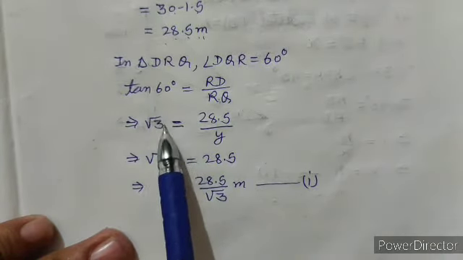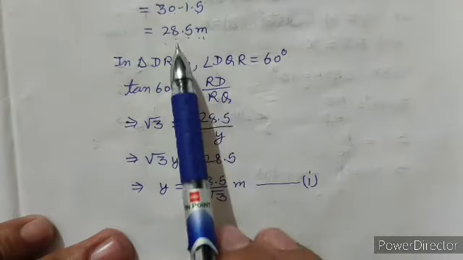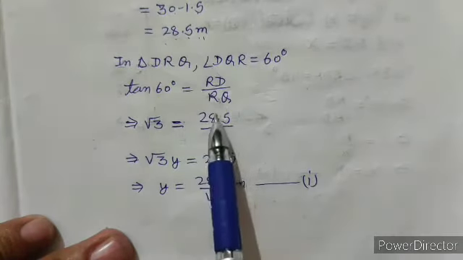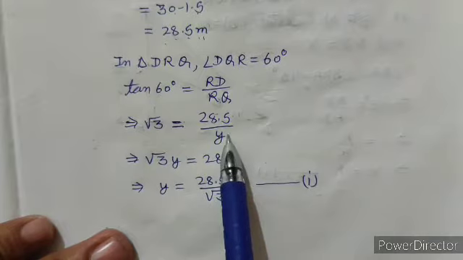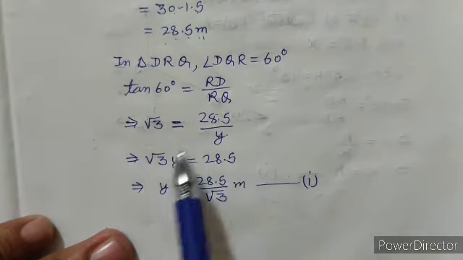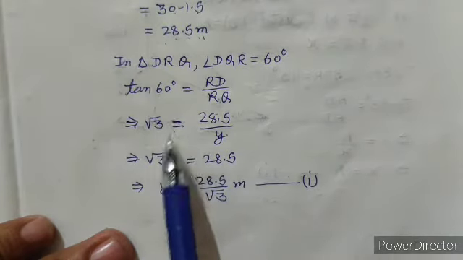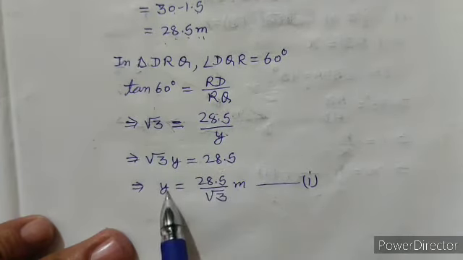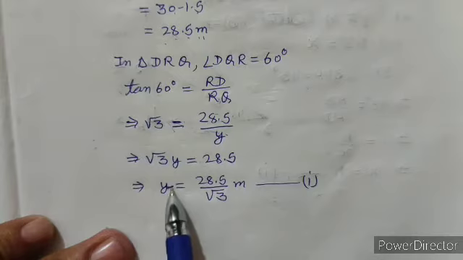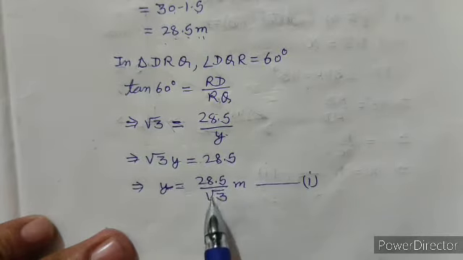So that will give us root 3 equal to 28.5 upon Y, as we have taken RQ as Y. On cross multiplication it will give us root 3 y equal to 28.5, which on solving will give us the value of y as 28.5 upon root 3 meter.